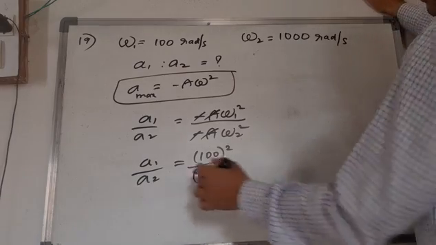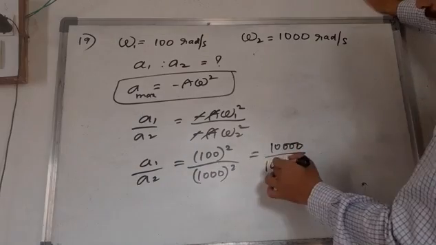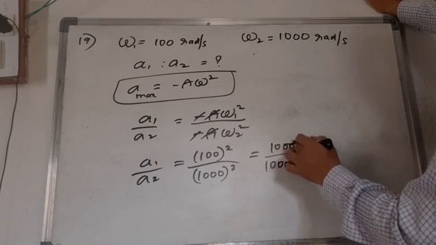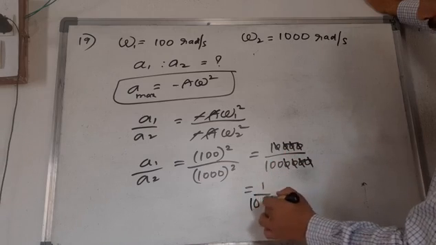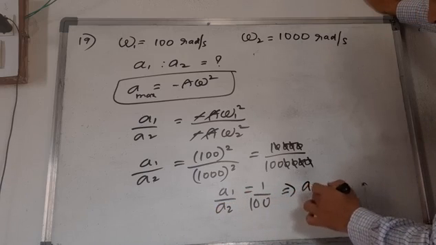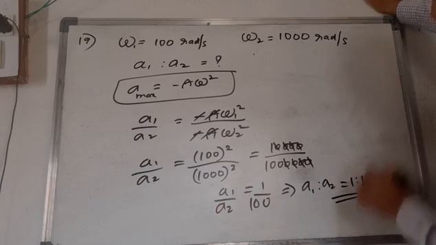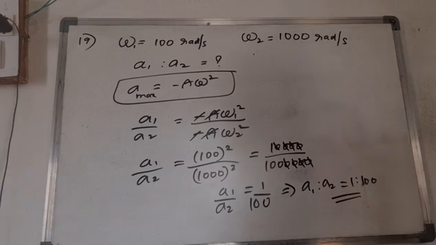So we get 10,000 by 1 million. The zeros cancel, so we get 1 by 100. A1 by A2 is equal to 1 by 100. This implies A1 is to A2 is equal to 1 is to 100. So like this we can find the ratio. Okay. Right. Next problem, 20th question.